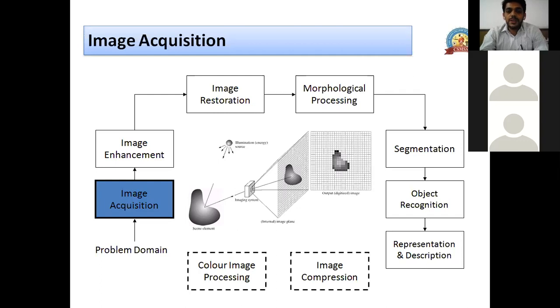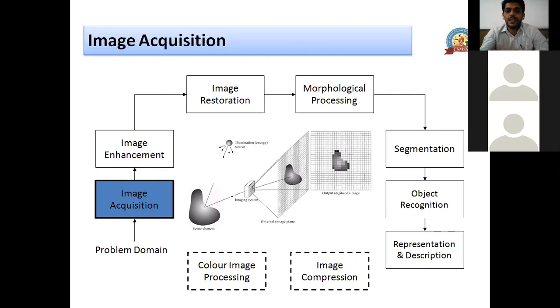Image acquisition depends on the source you are adopting. For example, in an x-ray machine, you acquire the image in the form of x-ray images. So there the source should be able to generate x-rays, and those x-rays become the source.